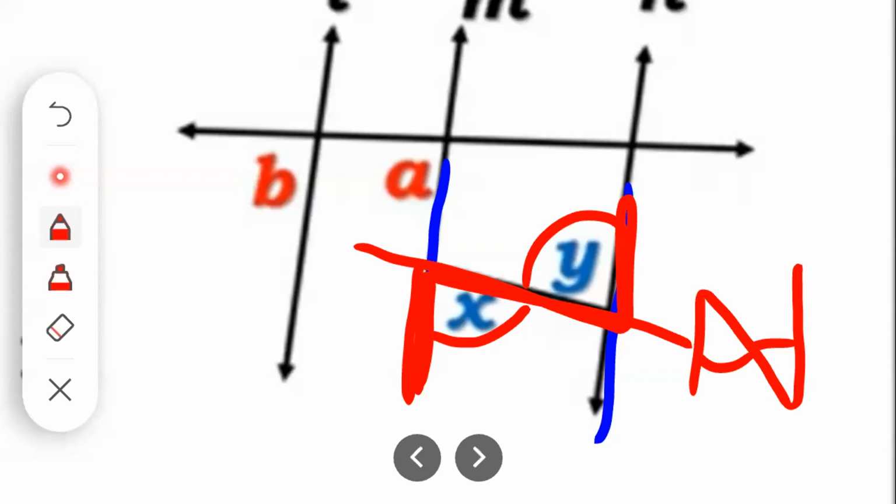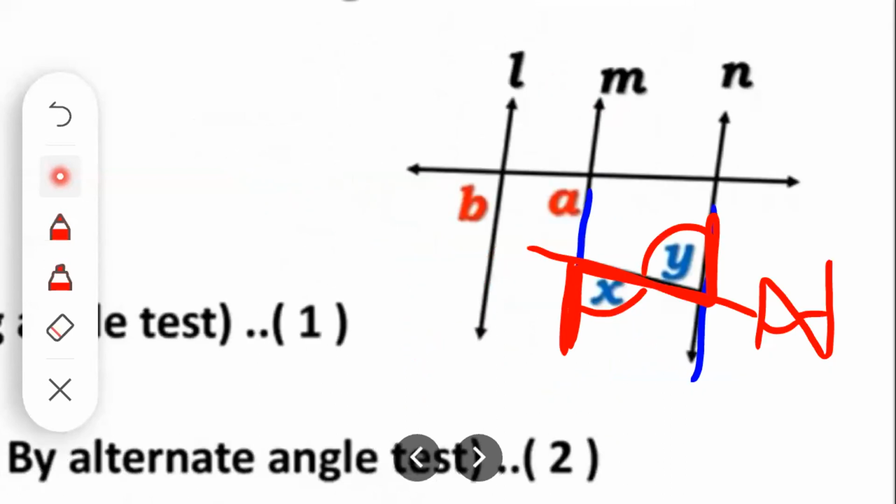By that property, we can say the line M is parallel to line N.